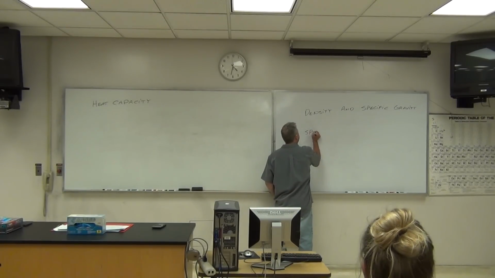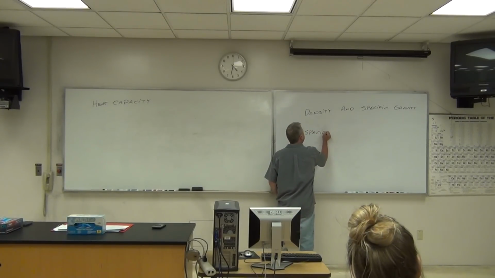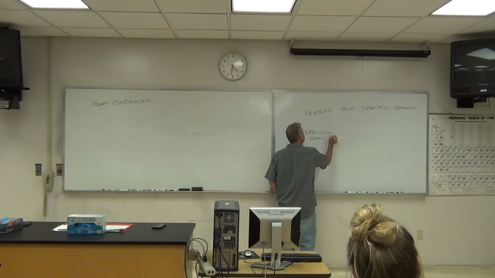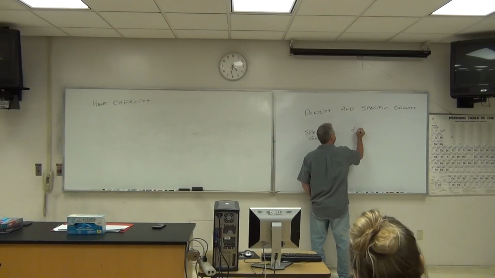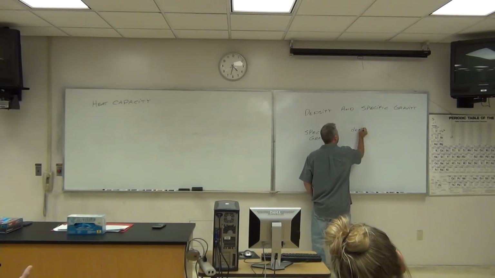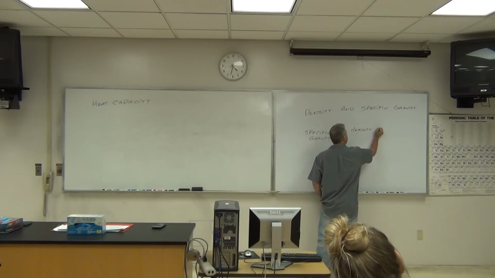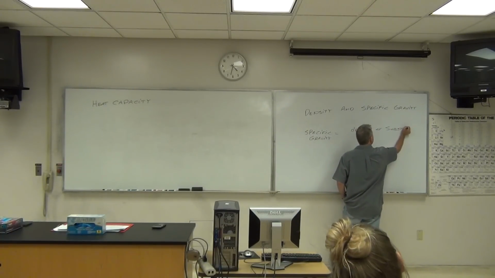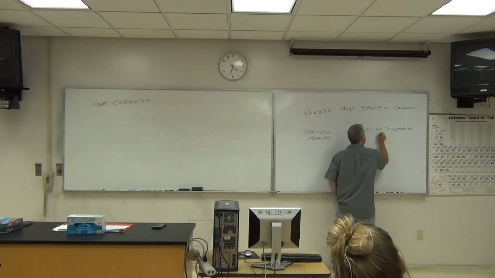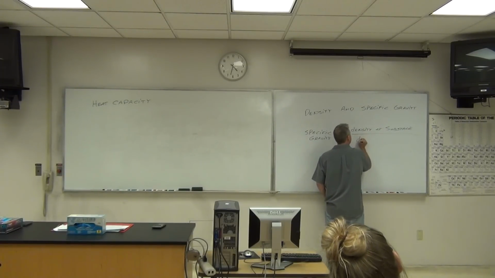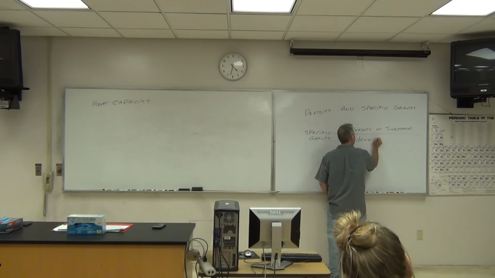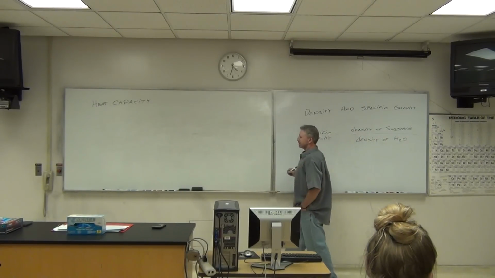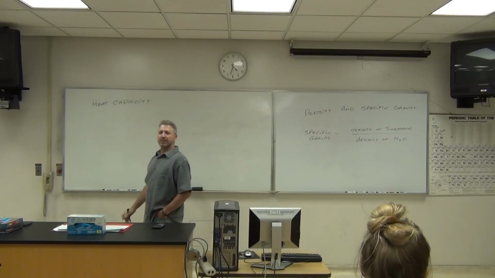So specific gravity, and there's not a whole lot to do with this, is going to be equal to the density of the substance divided by the density of water. This is our specific gravity, right?